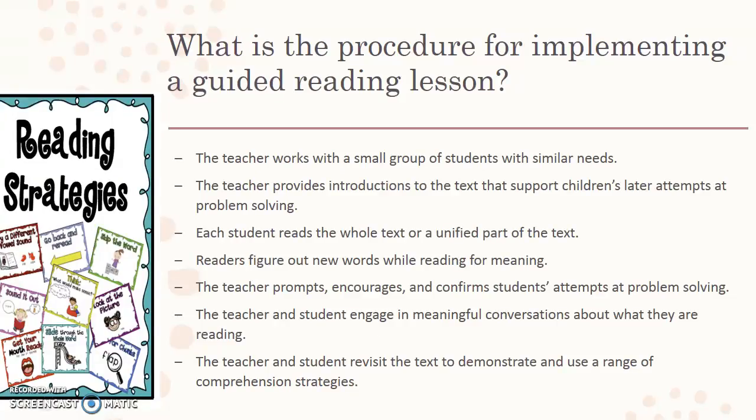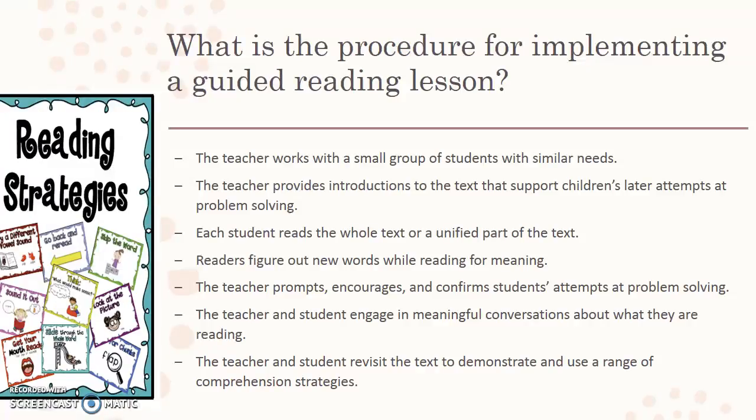What is the procedure for implementing a guided reading lesson? So here are the procedures. The teacher works with a small group of students with similar needs. The teacher then provides instructions to the text that support children's later attempts at problem solving. Each student reads the whole text or a unified part of the text. Readers figure out new words while reading for meaning.